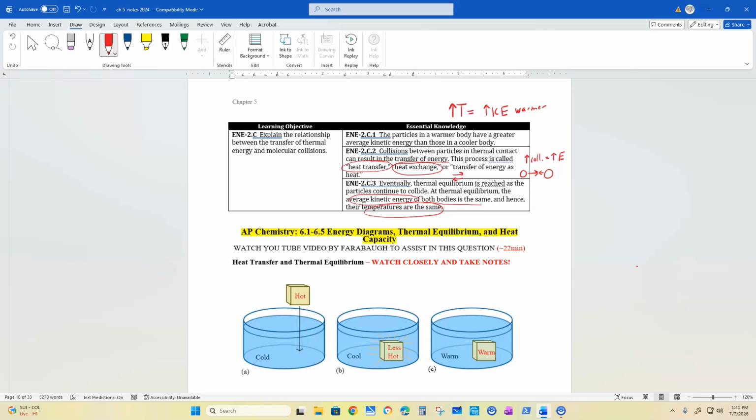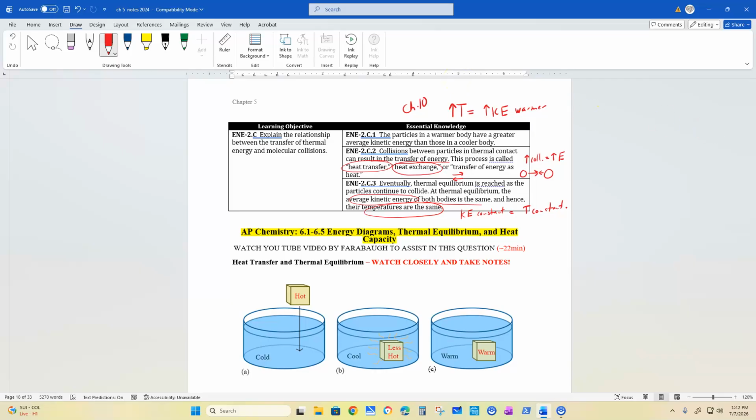And we also talked about this in chapter 10, so this is great review of chapter 10. If the kinetic energy stays constant, then that means the temperature stayed constant. You can't have one go up and the other one not do the same.